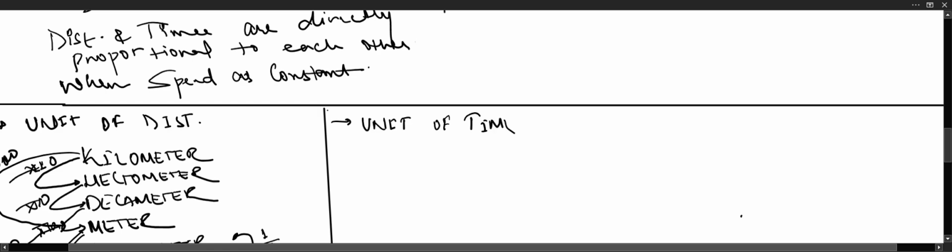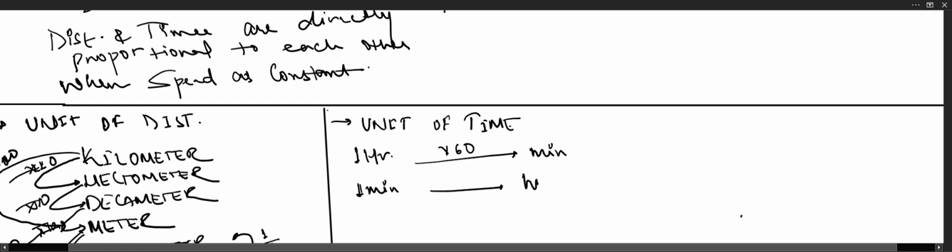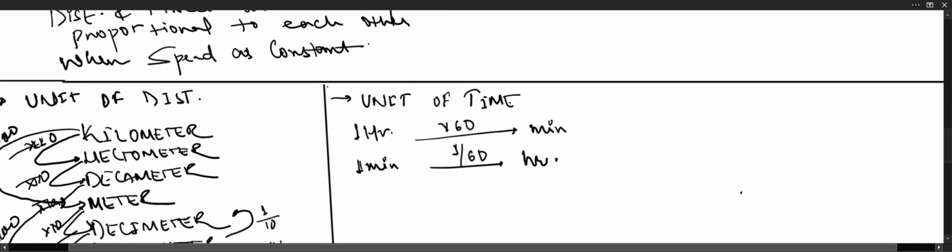If I want to change 1 hour into minute, I need to multiply it with 60. Similarly, if I want to change 1 minute into hour, then I have to divide it with 60.